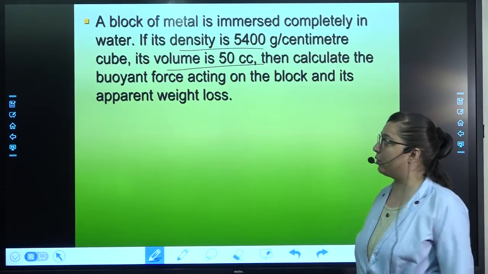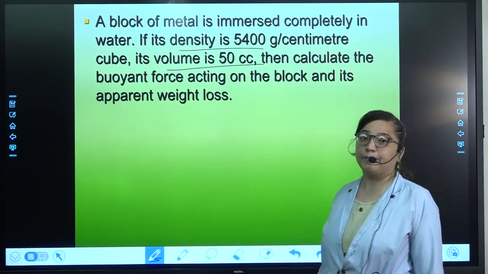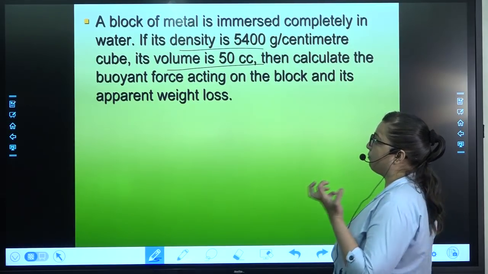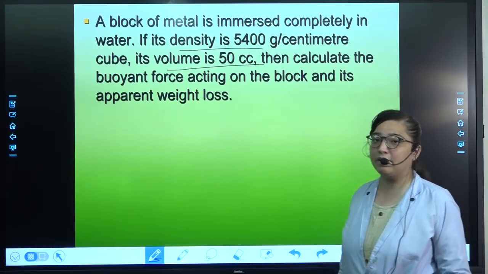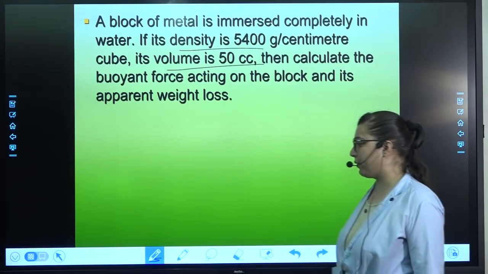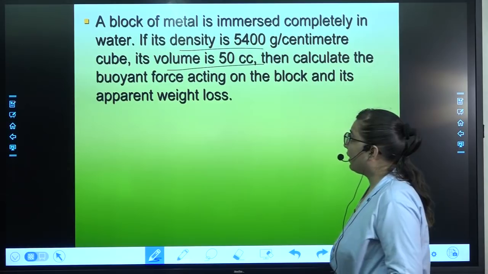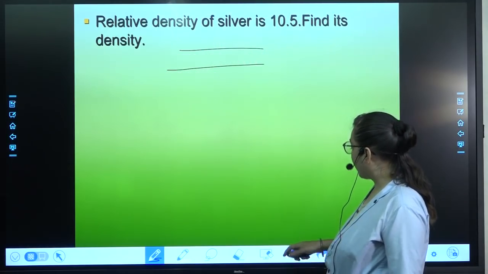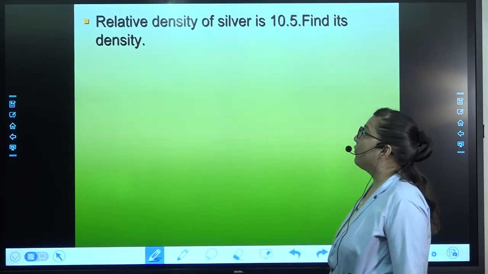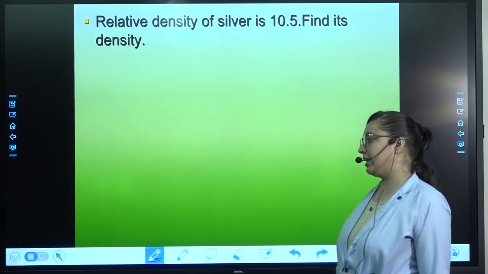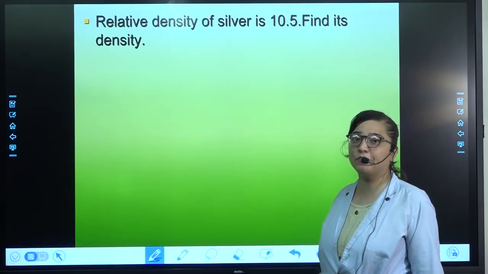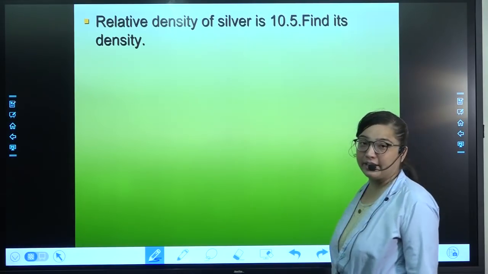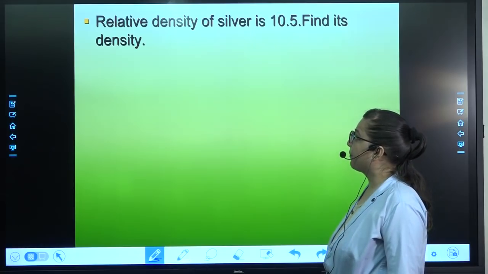Then we subtracted the given buoyant force. Alright, once we subtract it, you get the apparent weight loss. Now the next particular numerical. The relative density. We know that relative density is density of the object upon density of water, and using that we calculated the density of silver.